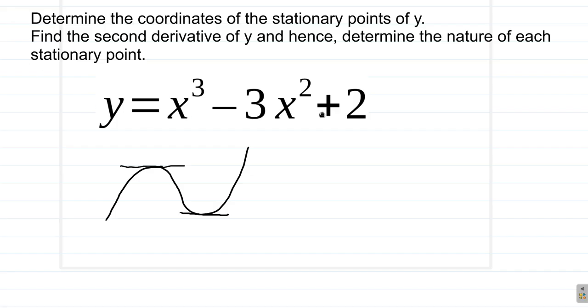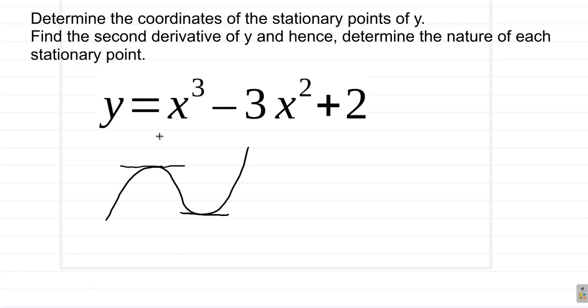Remember, when you differentiate a function, what you get is called the derivative or the gradient function. It tells you what the gradient is at that point. So if the gradient is 0, it means you differentiate, get the gradient function and make it equal to 0.